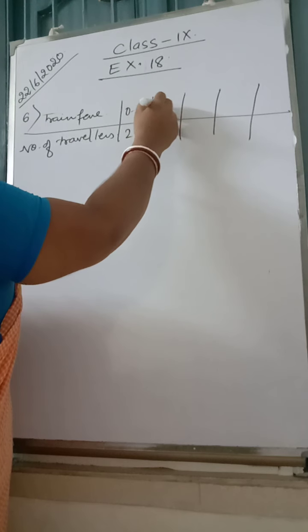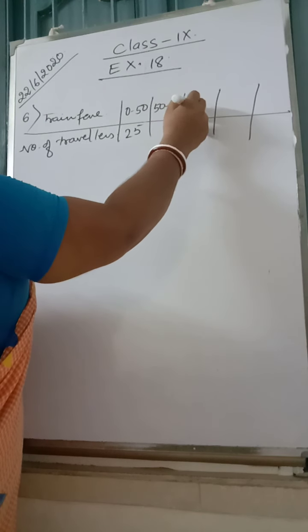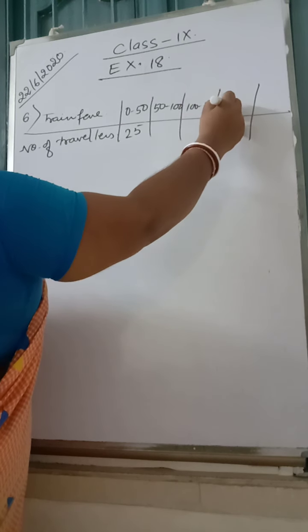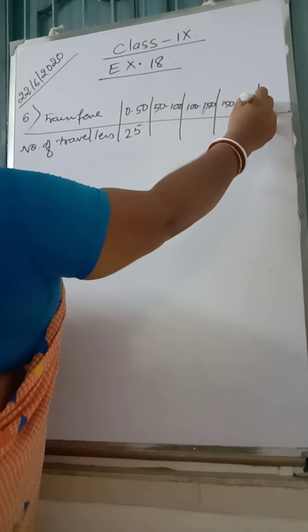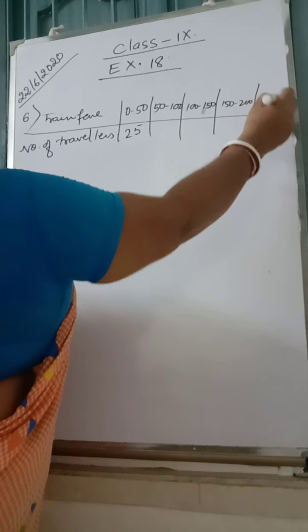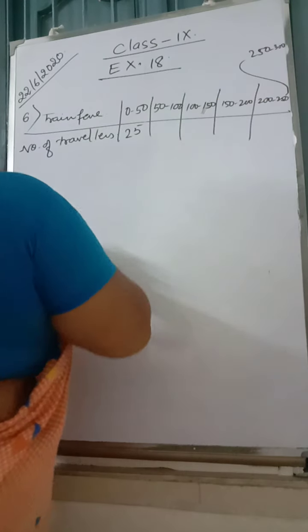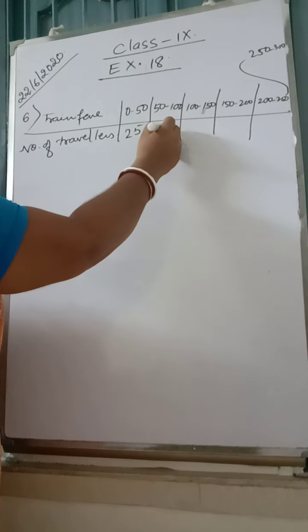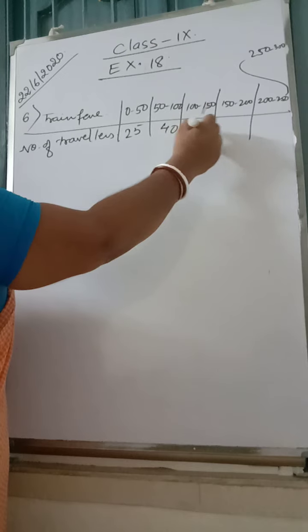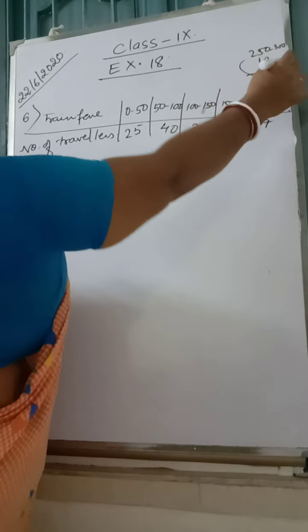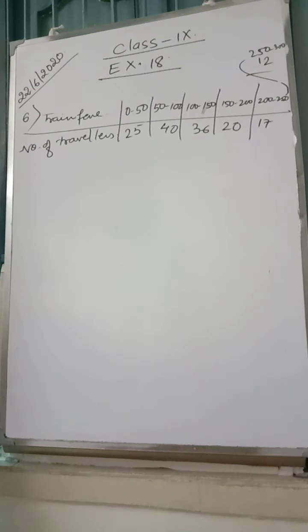Next is 50 to 100, 100 to 150, 150 to 200, 200 to 250 and 250 to 300. The frequencies are 25, 40, 36, 20, 17 and 12. This is what we have.